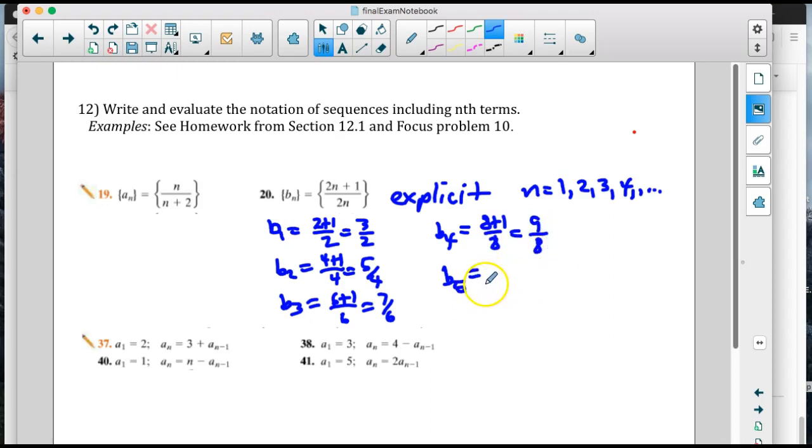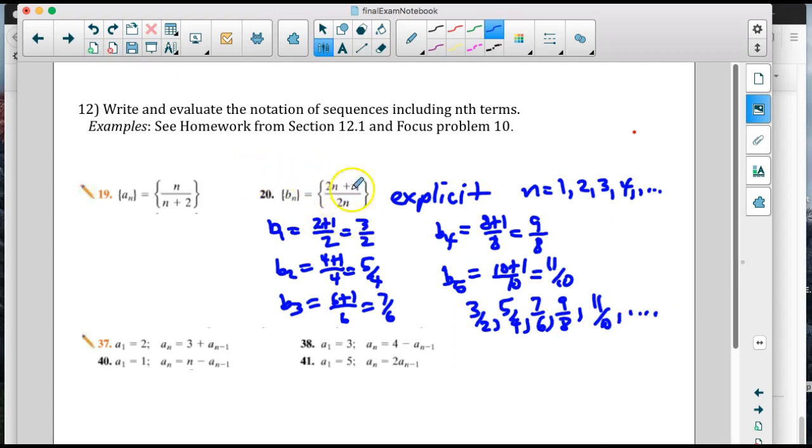And B5, which is the fifth term in the sequence, is 10 plus 1 over 10, which is 11 over 10. So our sequence would be 3 over 2, comma, 5 over 4, comma, 7 over 6, comma, 9 over 8, comma, 11 over 10, comma, and it continues on from there.